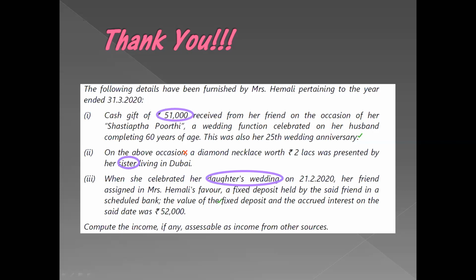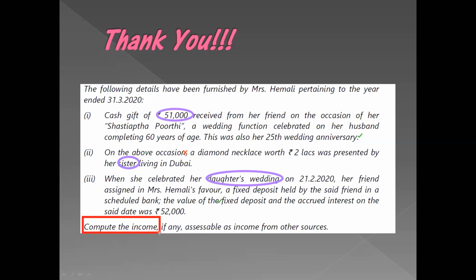One, if it is considered as a sum of money, then it is taxable. However, if it is not a sum of money and the same does not fall under the purview of property, the same cannot be taxable.